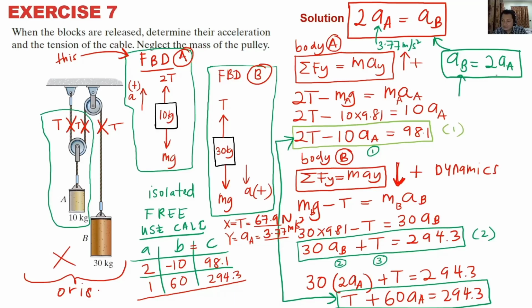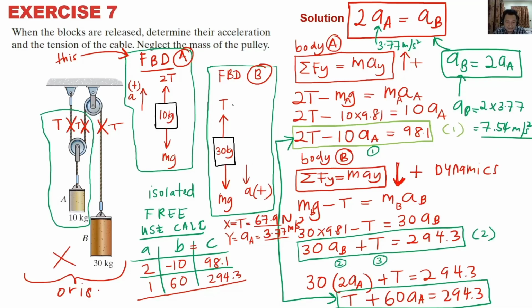So AB sama dengan 2AA. So AB sama dengan 2 kali 3.77. Apa jawapan? Dapat 7.54 meter per second squared. Tension pun dapat.